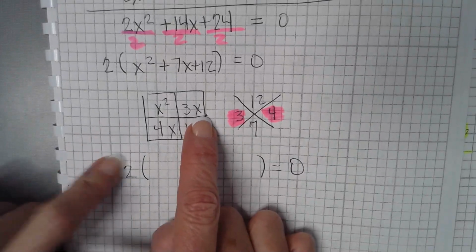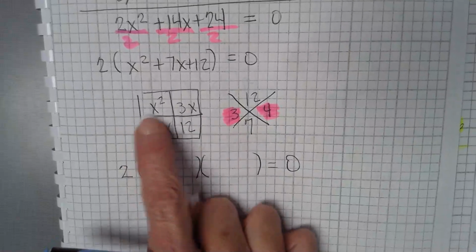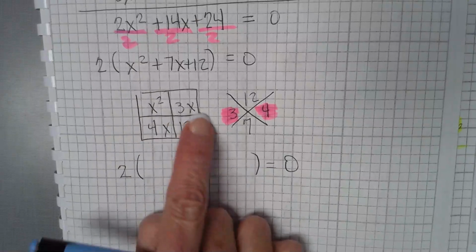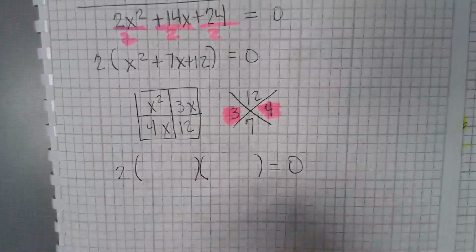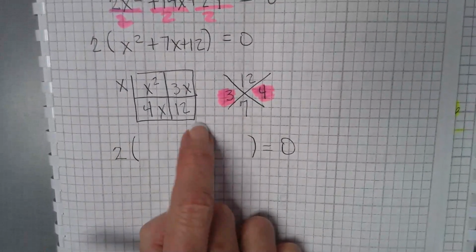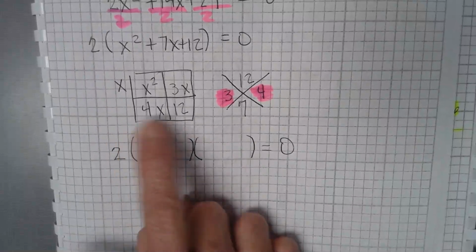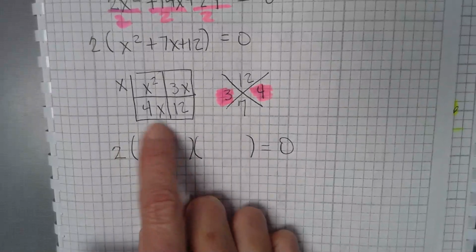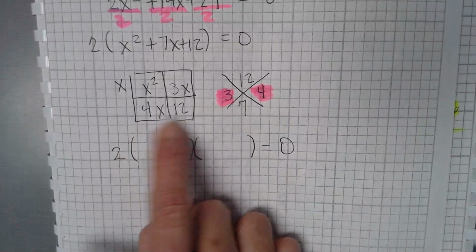All right, let's do some new folk. Across this first row, Braden, what's your GCF? X. That's it. Okay. Across this second row, Ayana, what's your GCF? Say again. Not X, because it's not in both.